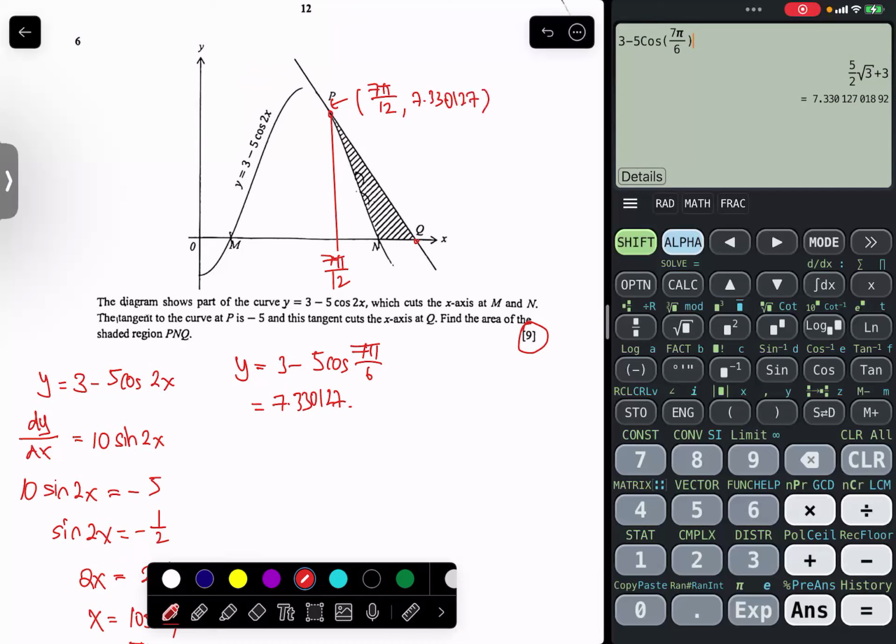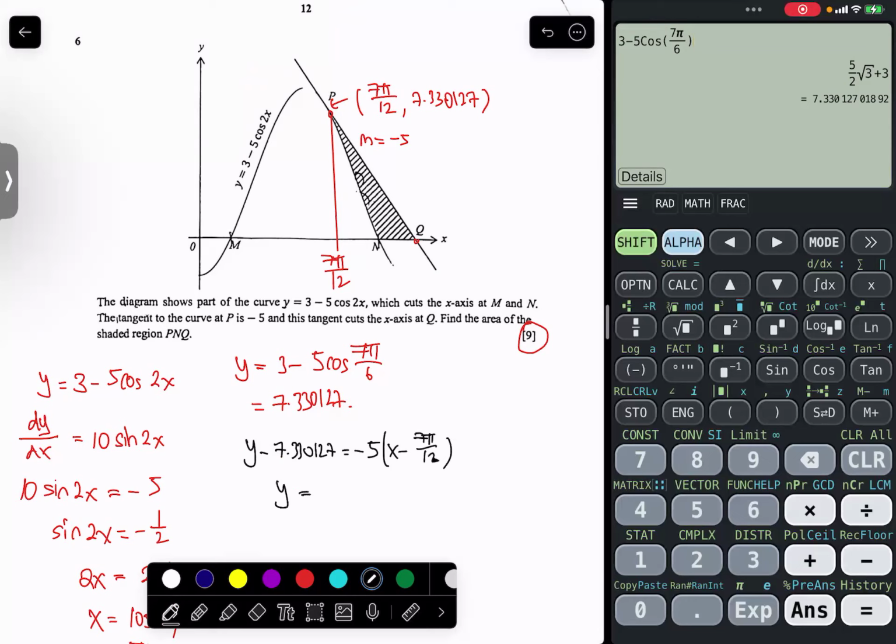This has a gradient of -5, so we can get the equation of y using the formula: y minus 7.330127 equals negative 5 times x minus 7 pi over 12.